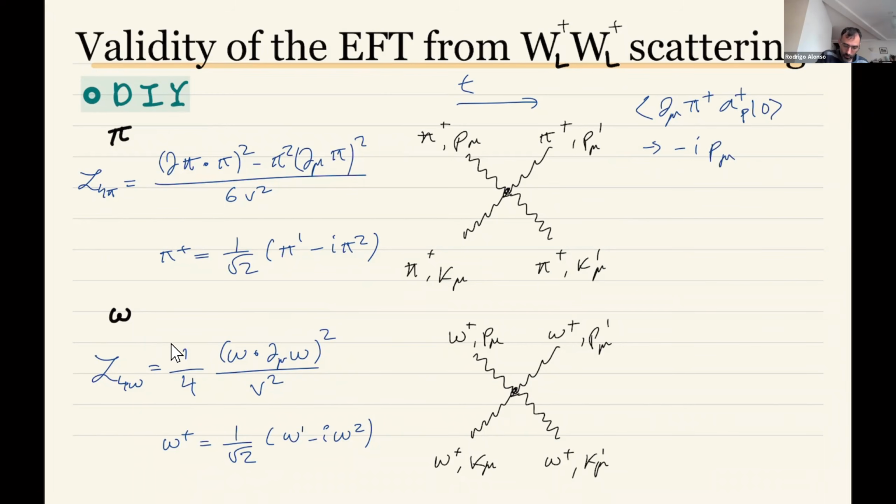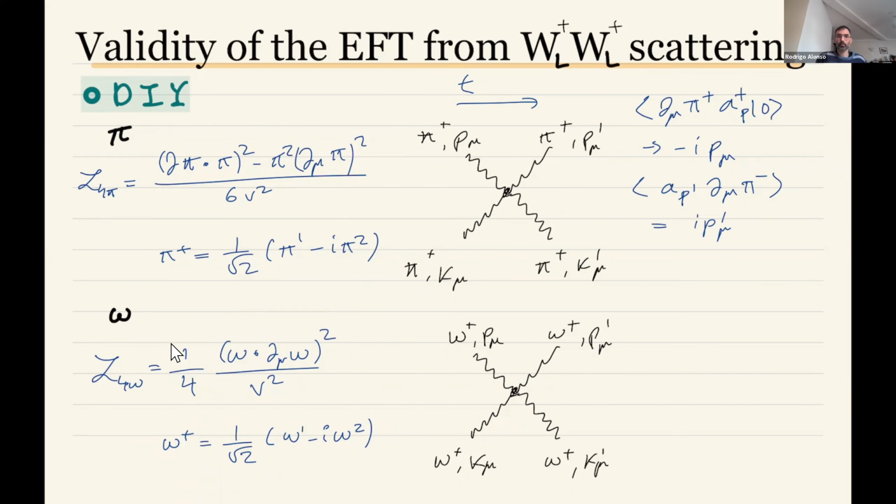Whereas if you have an outgoing particle momentum p prime, it is the pi minus field that excites a particle, and out of that derivative you will get the opposite sign, i p prime mu.